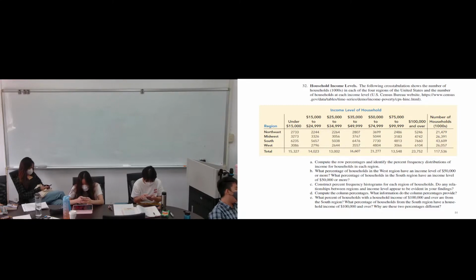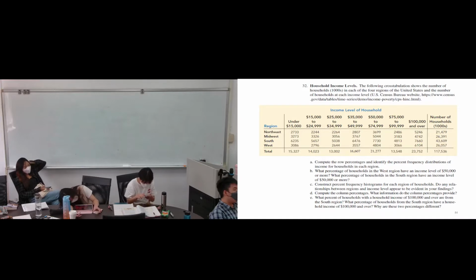The first one, we already conditioned on the income level, and it asks us about the percentage of households in the West region. The other one is the percentage of households in the South region that have income level of $50,000 or more.